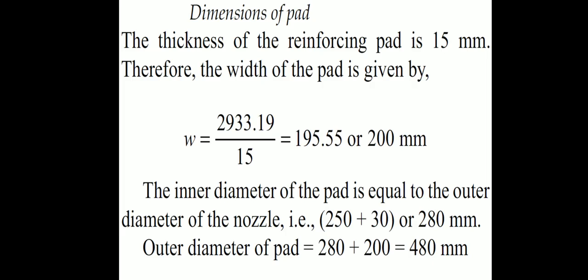Therefore the width of the pad is given by W equal to 2933.19 divided by 15, which comes to be 200 mm. The inner diameter of the pad is equal to the outer diameter of the nozzle, and because of that the inner diameter of the pad will be equal to 280 mm, and the outer diameter of the pad will be inner diameter plus width, which is equal to 480 mm.